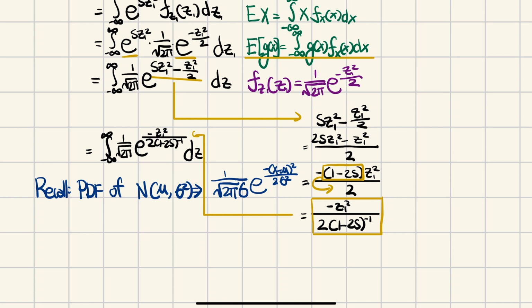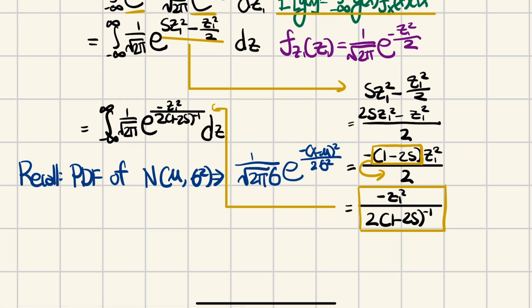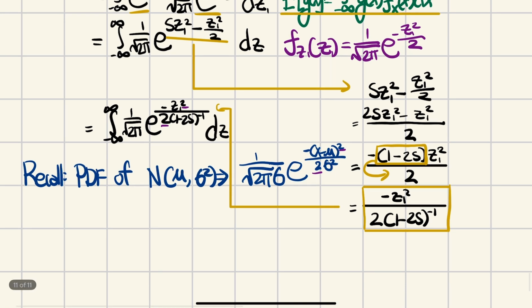So this is very promising because you have a 2 here and a 2 here, you have something squared, and you have 1 over root 2 pi. The structure looks really similar.